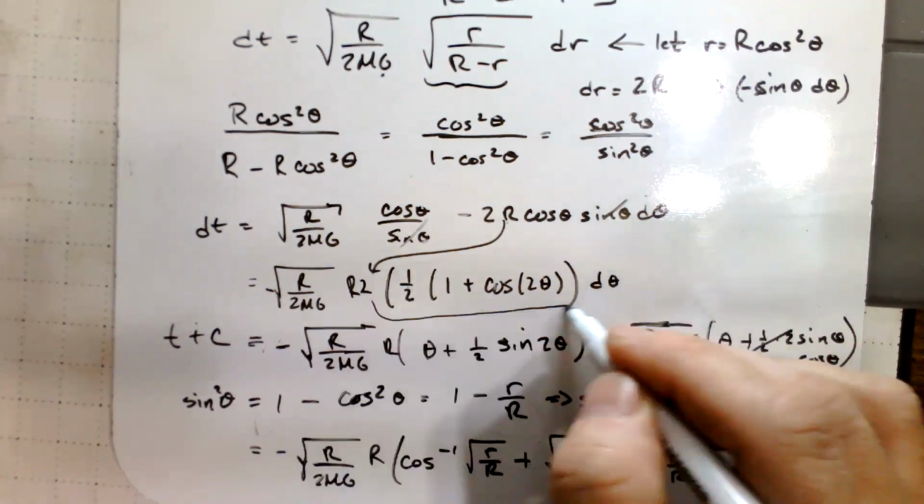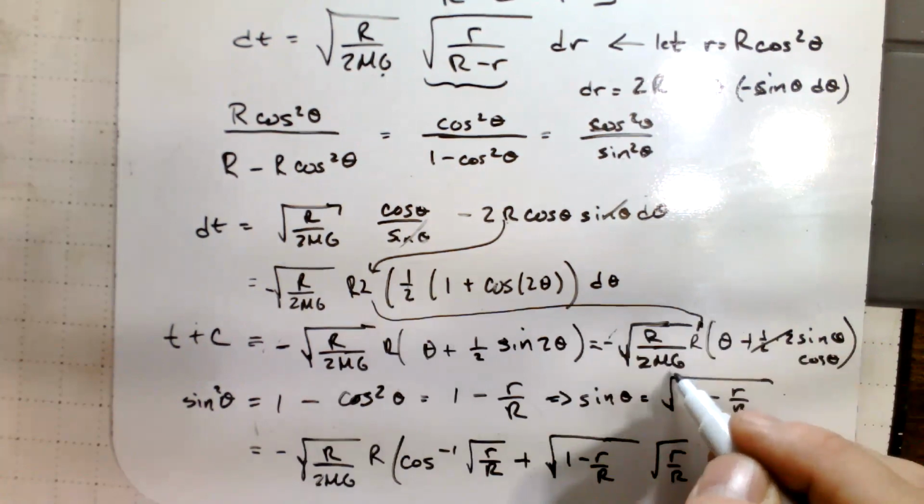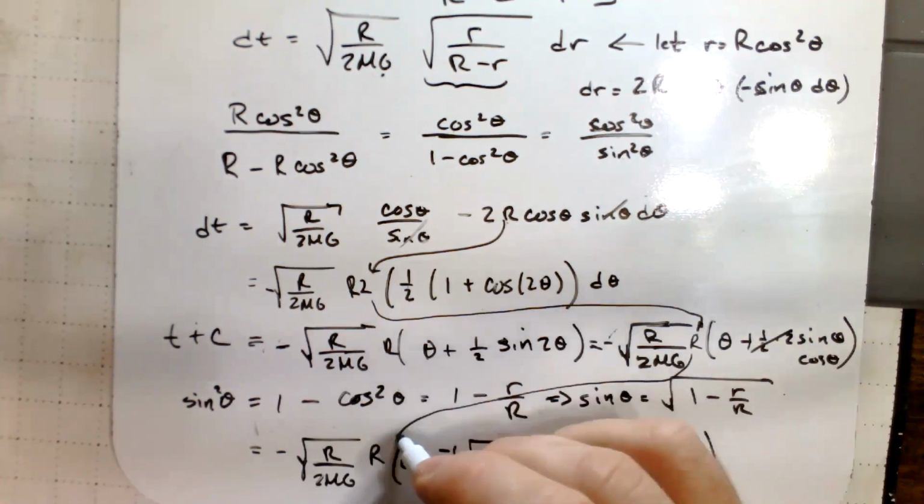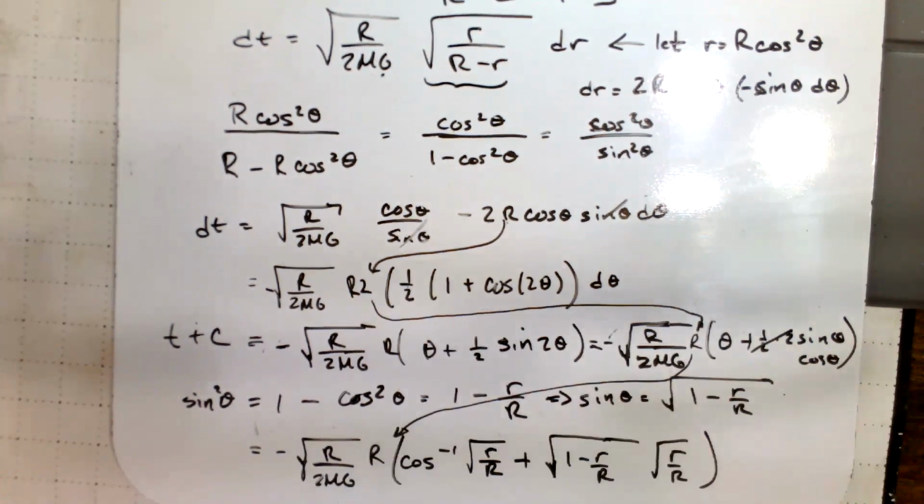So it goes there, goes there, and then it comes here right there. So it didn't go anywhere. Okay, and that's equal to t plus C.